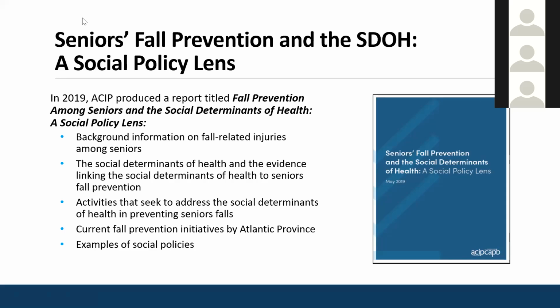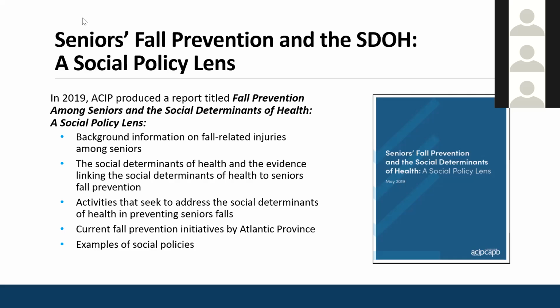Our objective with this report, and certainly with the report that we'll introduce to you soon around children's fall prevention, is really to use existing pieces to build an introductory information base of significant social policy links between the social determinants of health and fall prevention, so that current and future interventions could take these links into consideration.